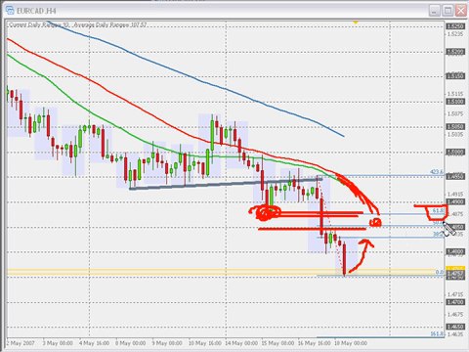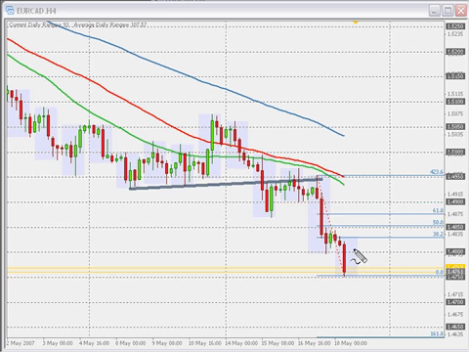At the 148.50 area we have the round number, the 50% Fibonacci level, and also the top of this small range here. So this would definitely be a beautiful area to short from.